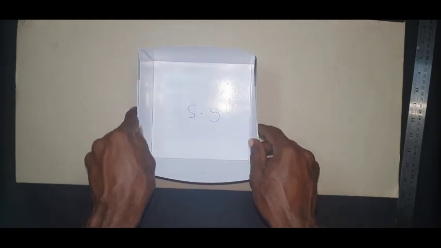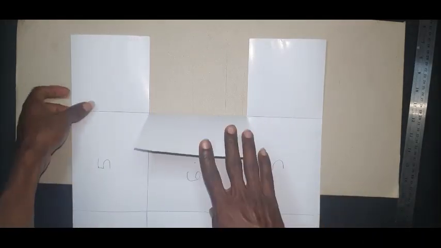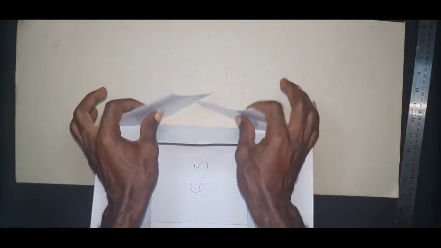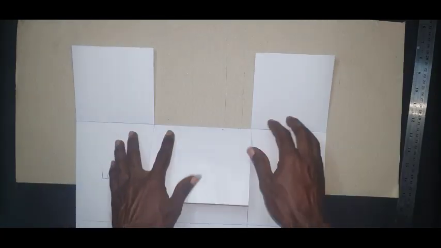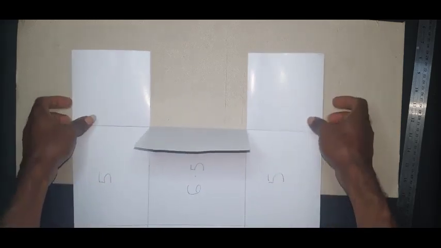Alright, let's move on to the next step. Whatever size you're folding, so we are folding these two edges, we have to cut it just a bit so it doesn't overlap, because right now you can see it overlaps. So I want to cut it so it doesn't overlap.